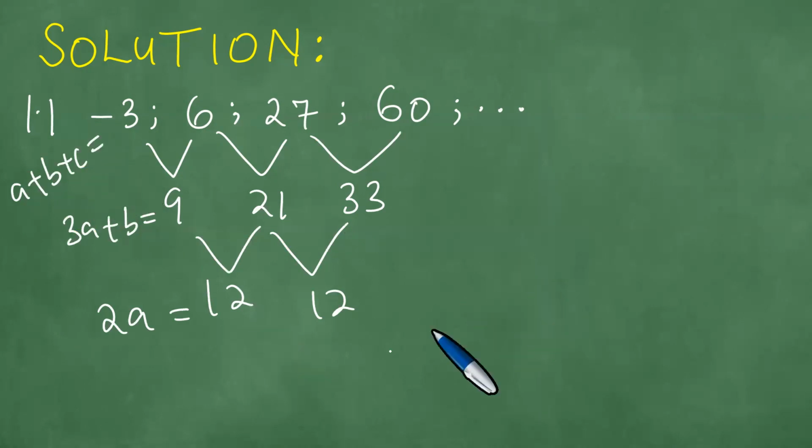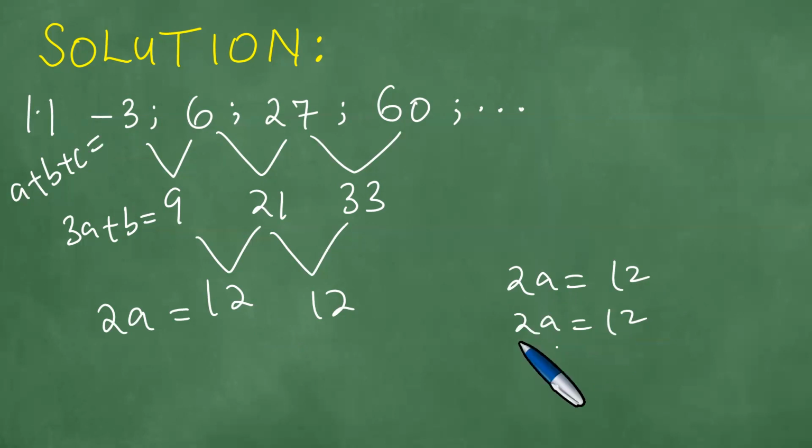So if 2a equals 12, you divide both left and right by 2, and it means that a equals 6.